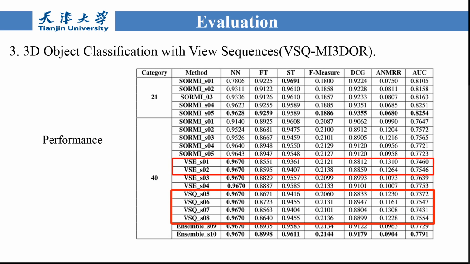We can see that VSQ 5 to 8 are better than VSE S01 to S02. That's mainly because the VSQ explores spatial relationships among the views of the 3D model, which enriches the 3D model representation.